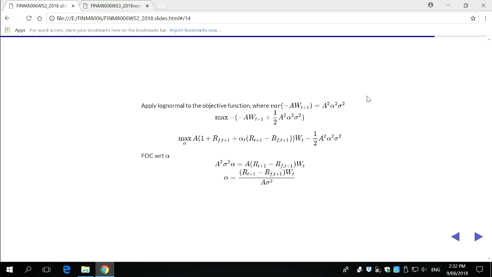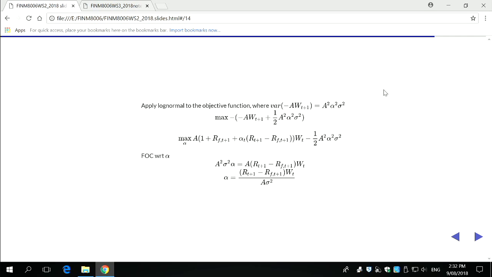The variance of future wealth comes from the variance of the returns, and the variance of returns depends on the share invested in the risky assets. And because this is a variance, whatever share I have should be squared, because all coefficients get squared when you calculate the variance.